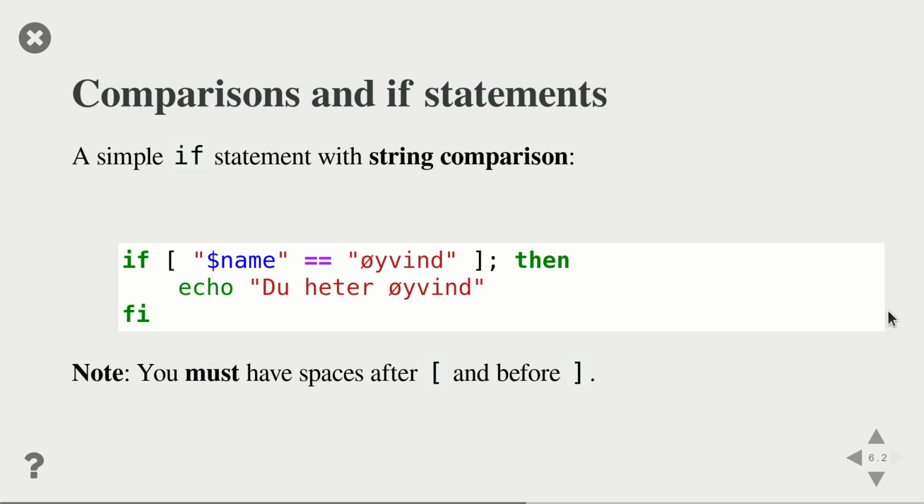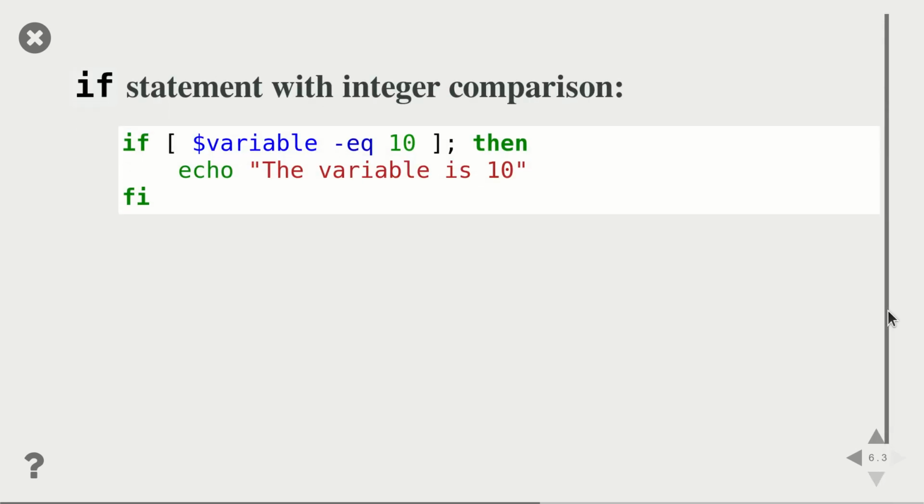So sometimes you might have not strings, but integers, right? If you've declared the type. And if you want to do an integer comparison, you can use this -eq to do an equality check. You can also use -gt for greater than or -lt for less than. But otherwise, the if condition looks the same.